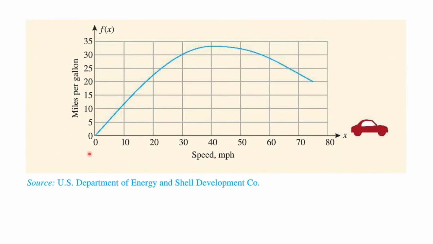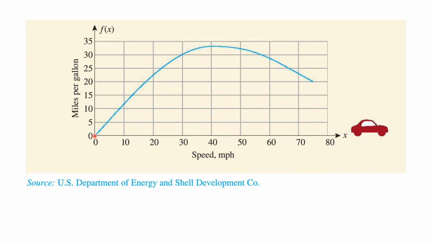By way of motivation, the U.S. Department of Energy and the Shell Petroleum Company, the development arm of them, published this graphic that shows that going too slow or going too fast reduces the efficiency of your car in terms of miles per gallon.